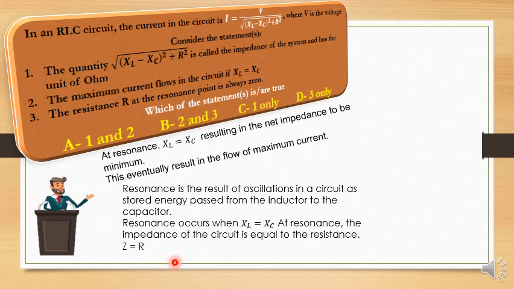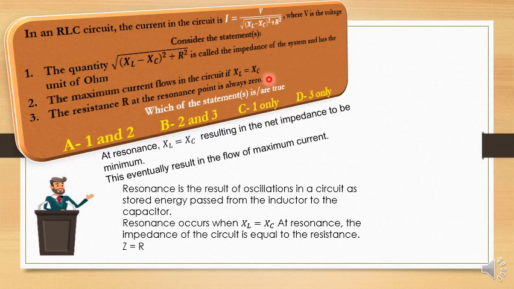When resonance occurs, XL is equal to XC. It only occurs at resonance, and then the impedance of the circuit is the same as the resistance. So we disagree with statement 3. The resistance is not 0 at resonance. Instead, the resistance is the same as the impedance.